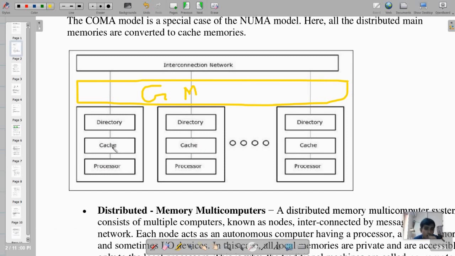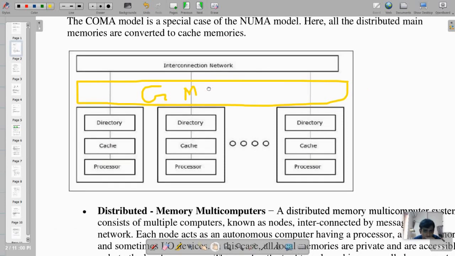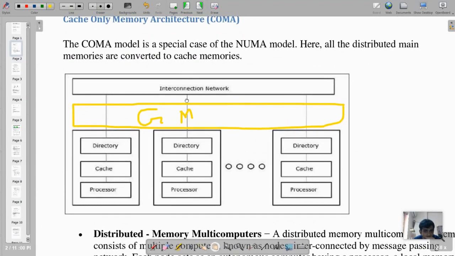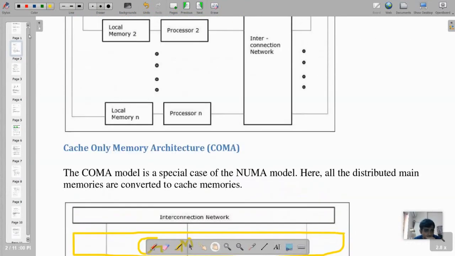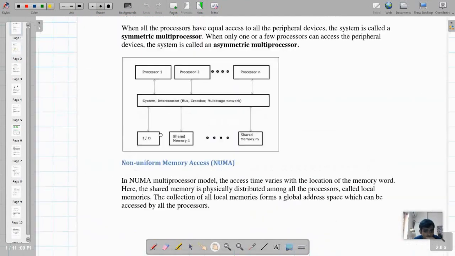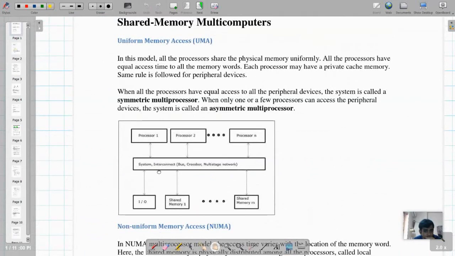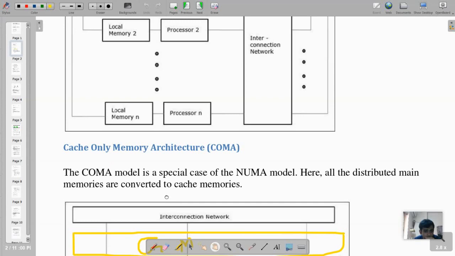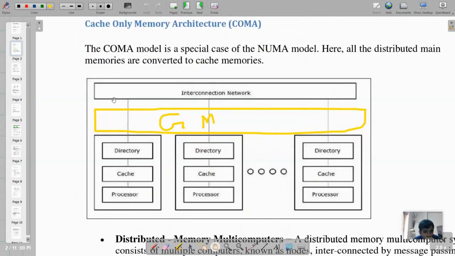This is the idea behind this cache-only memory access model. Here, actually, you have amalgamated the uniform memory access model and the non-uniform memory access model into a single CPU.